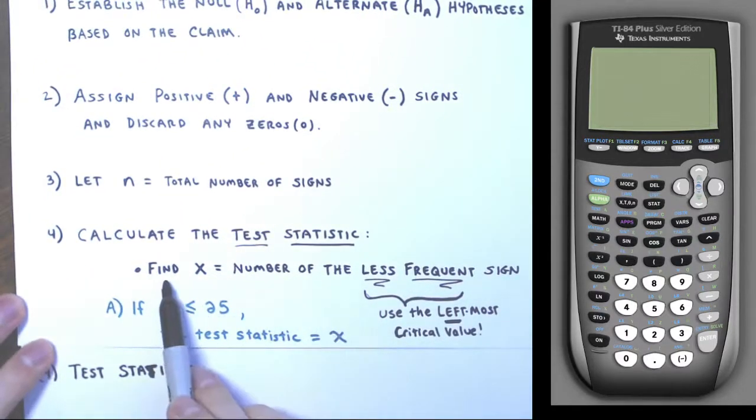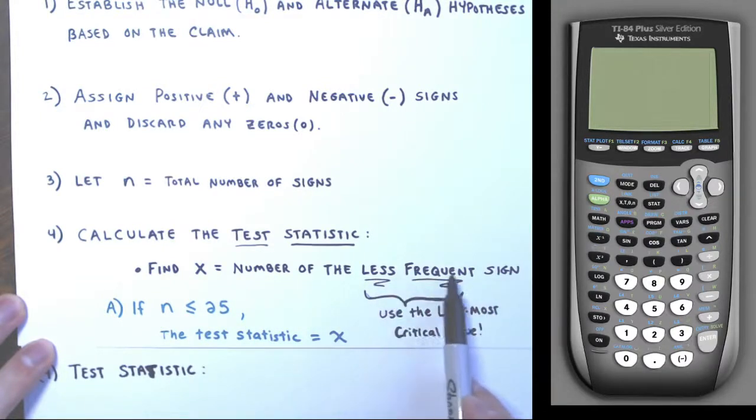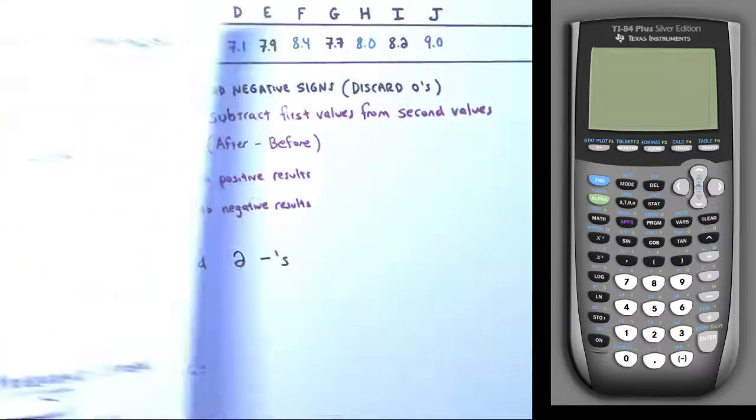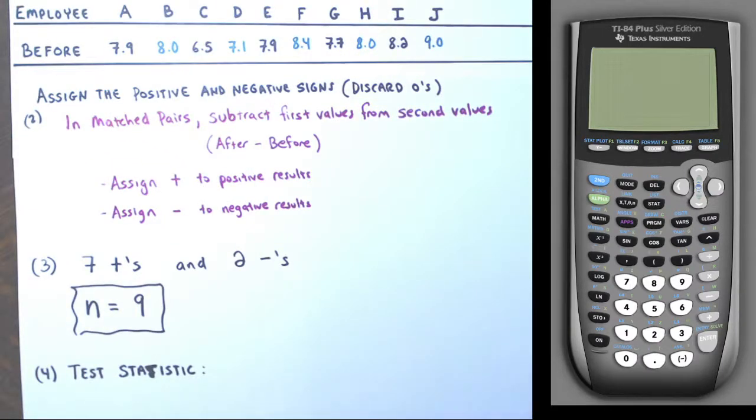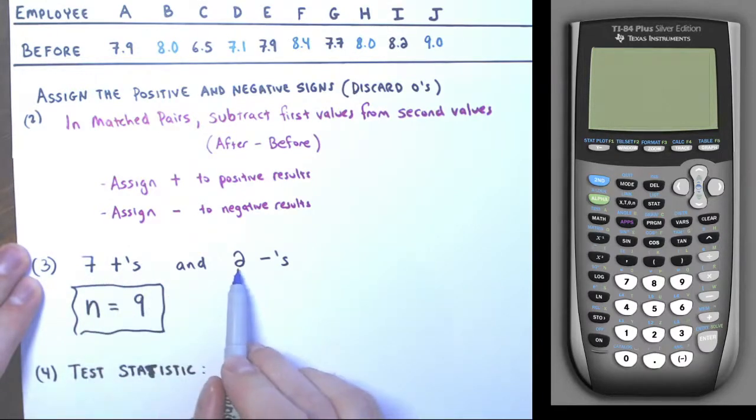Find x, which was the number of the less frequent sign. So if you look back here, right, at when I counted the plus signs and the minus signs, there are 7 plus signs. That's the most frequent because there are fewer minus signs.